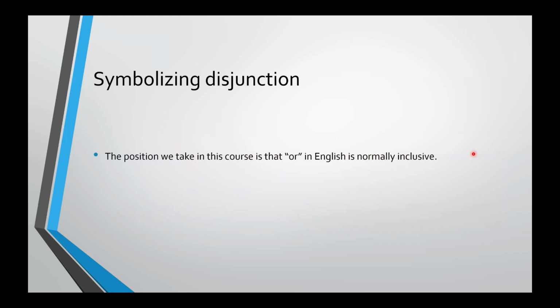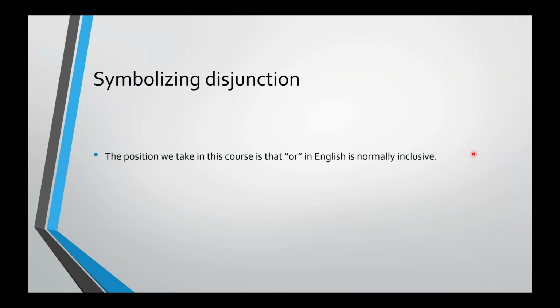That's also the position that we're taking here on the way that or works in English. That's the position that we take in this course: that the English or is normally inclusive.